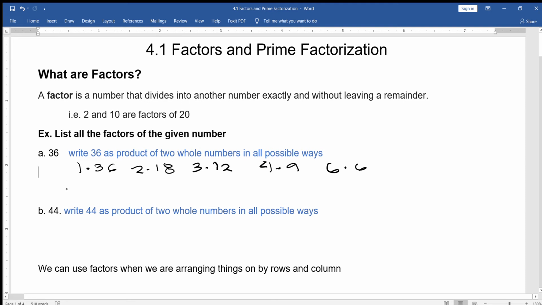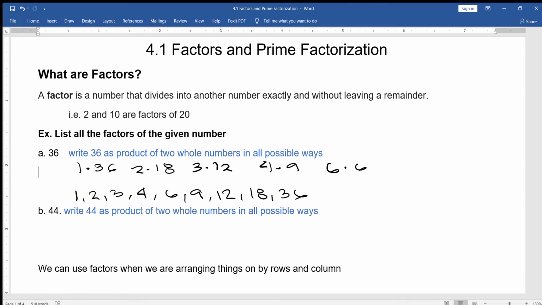Is there any number between 6 and 6? No. So that was all the factors of 36. Now let's list all of them: 1, 2, 3, 4, 6, 9, 12, 18, and 36. Those are all the factors of 36.